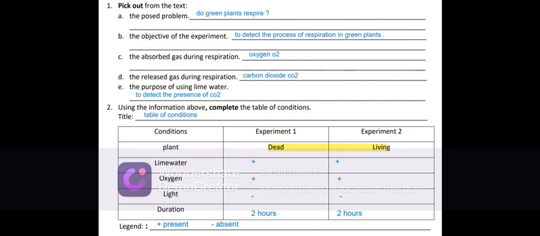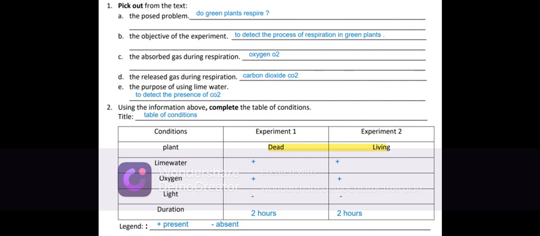So there is no light, minus minus. Then the duration means how much time I waited for the plant. The time I waited is 2 hours for both of these experiments. Now legend means what plus means and what minus means. Plus is present, minus is absent.